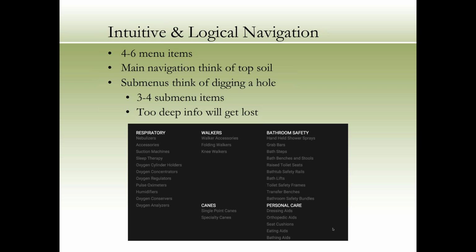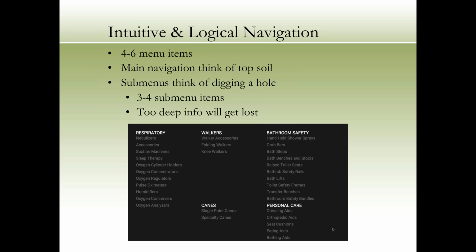And there's a reason for this. I like to give this analogy where you think of your grass, so your yard. That's your main menu navigation. If you give your users way too many menu options, you're giving them too much space to look at. You're giving them too much room to roam.